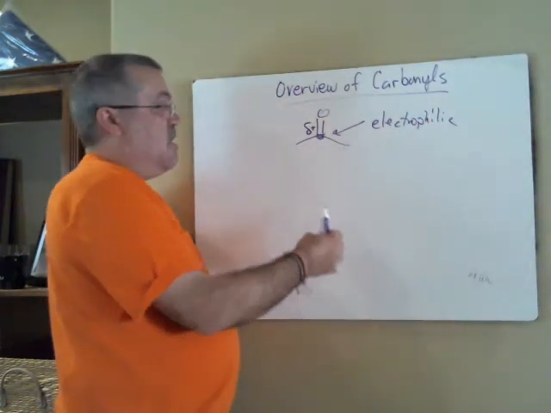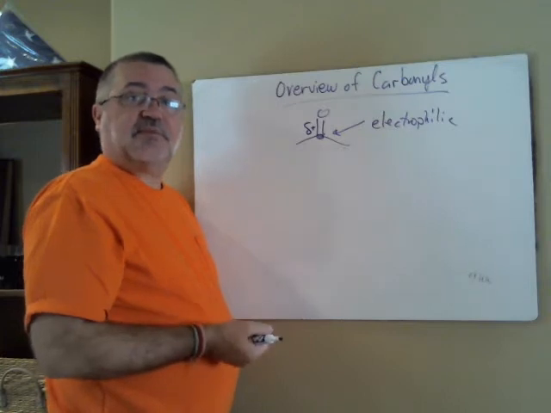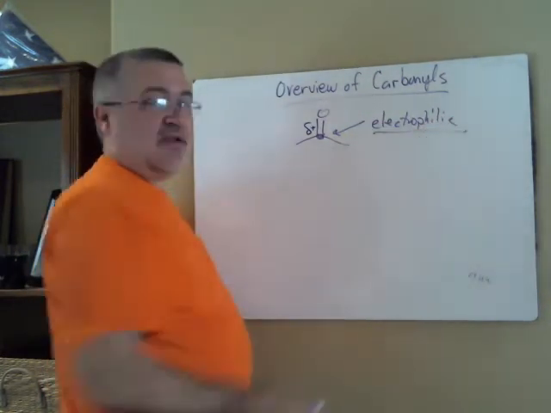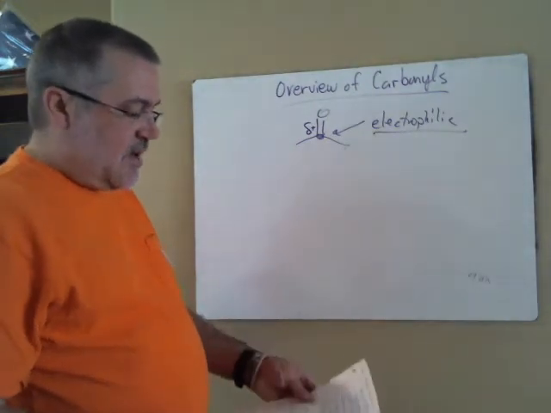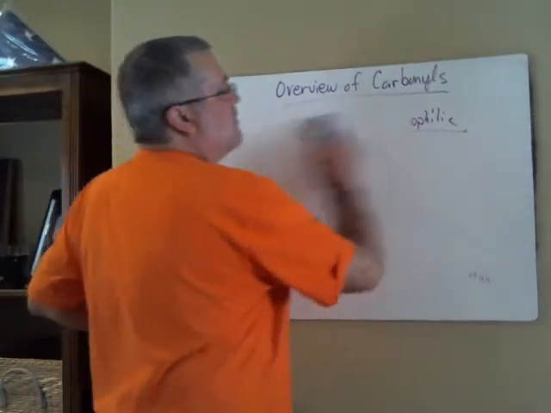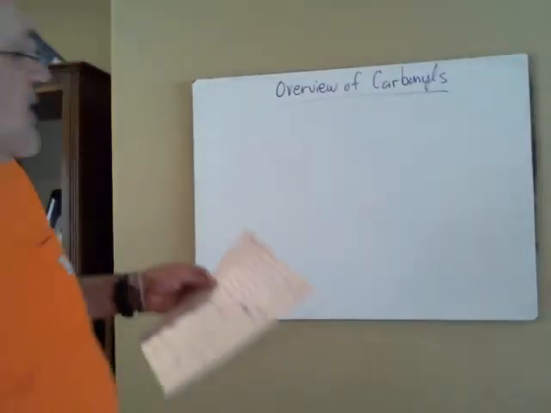And therefore, nucleophiles are going to react with it, or bases, one or the other, because it's behaving as an electrophile. And so basically then, there are 4 different types of reactions that these carbonyls can undergo.